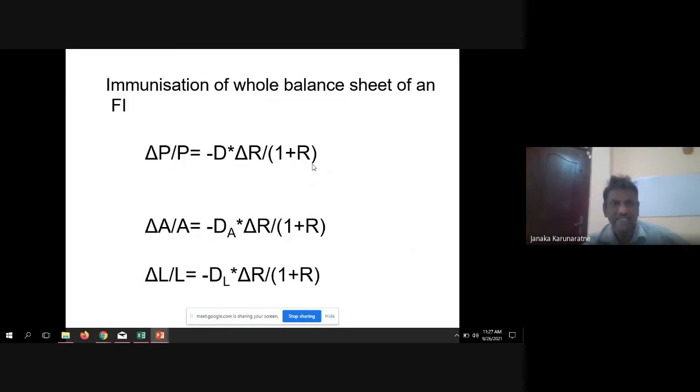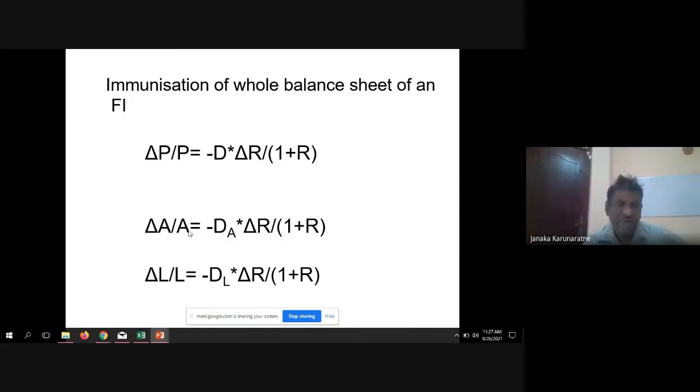So you can use this same formula for anything, to compute that, because we know the interest rate change, we know the current interest rate, and we know the duration. We have computed the original duration. And then we know the current price, and we can compute the change in price, right?